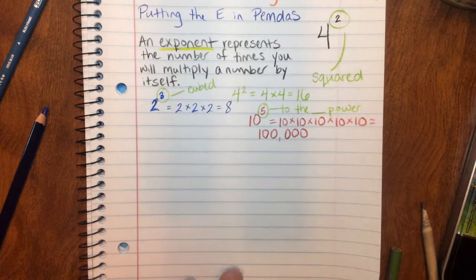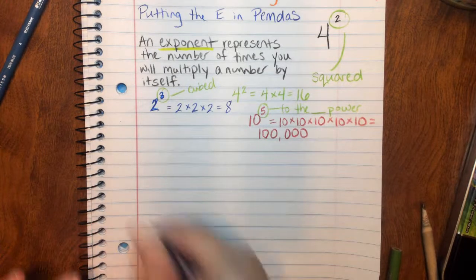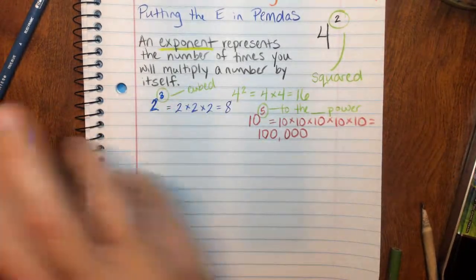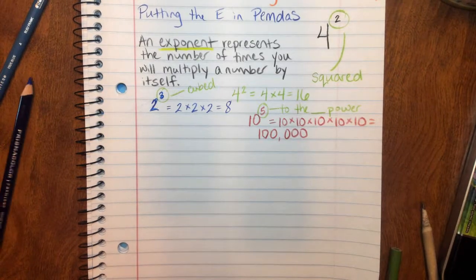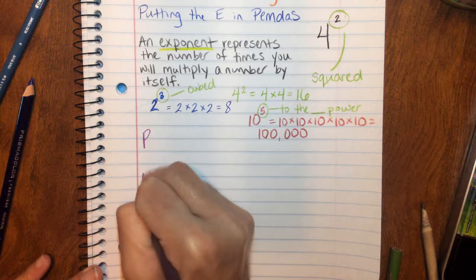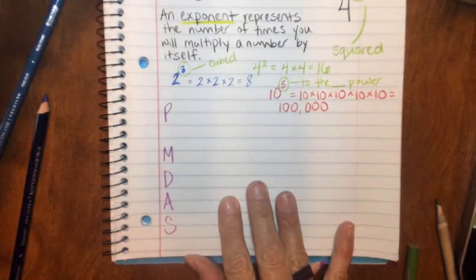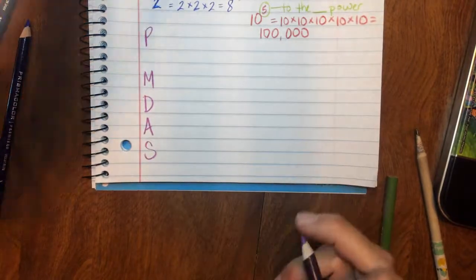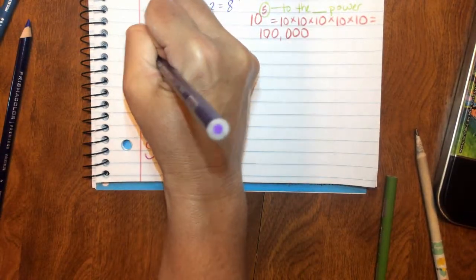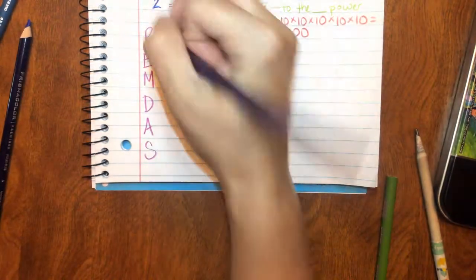And what does this have to do with my Aunt Sally or putting the E in PEMDAS? So you remember we talked about this acronym here, PEMDAS, right? Okay. And I told you you wouldn't be getting into the E until middle school, and it turns out I lied, and I feel badly about that.